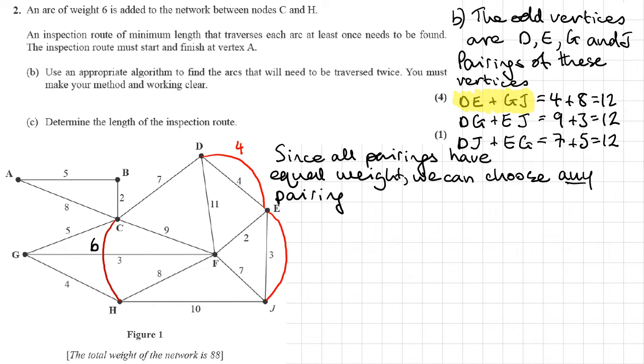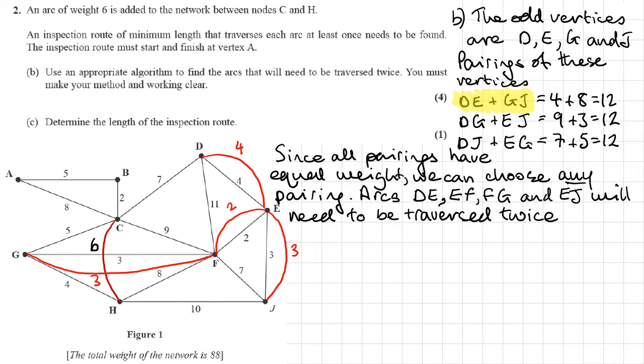So we're going to need to double this up. So another 3 here, another 2 here, and another 3 here. So that means that arcs DE, EF, FG and EJ will need to be traversed twice.